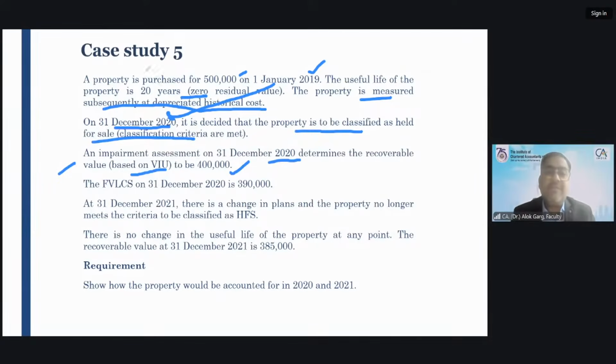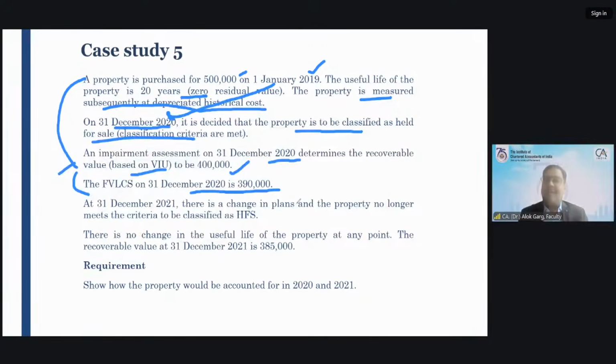So here this is from Ind AS 16 to Ind AS 105, right? A non-current asset which is PPE becomes a non-current asset held for sale. Fair value less cost to sell is also given. Fair value less cost to sell on 31st December 2020 is 3,90,000.